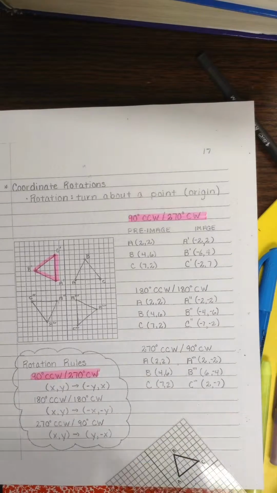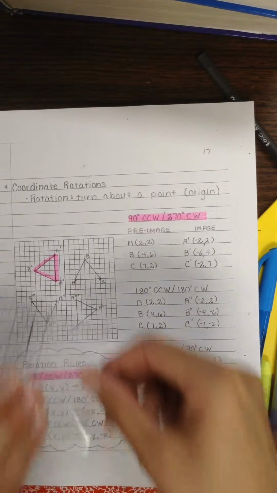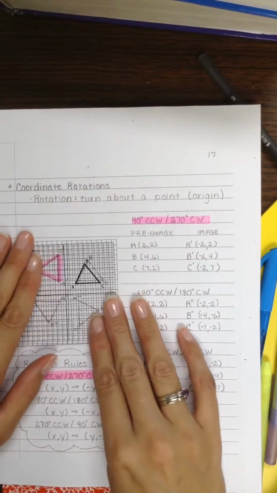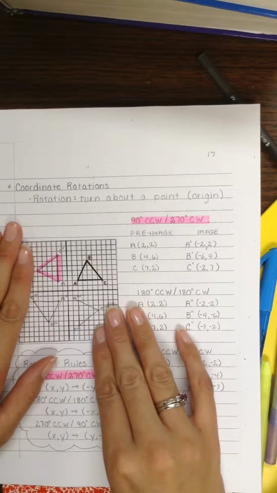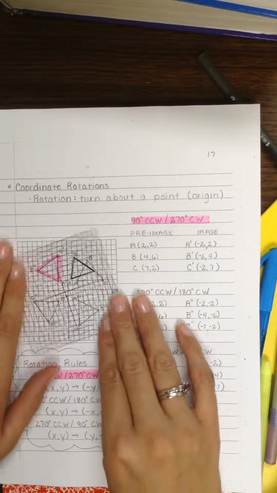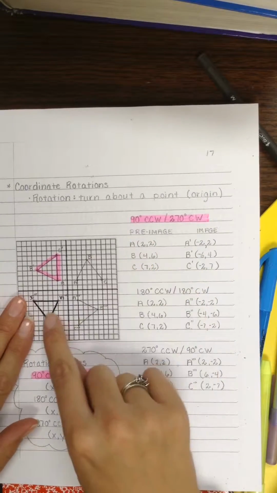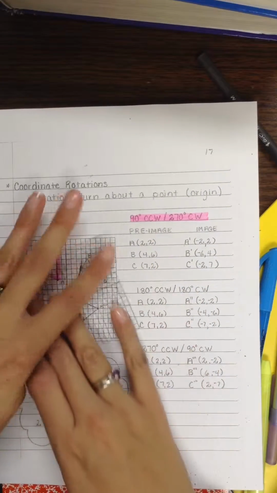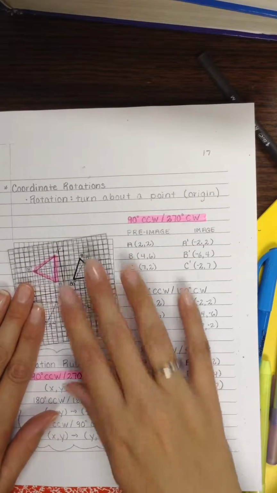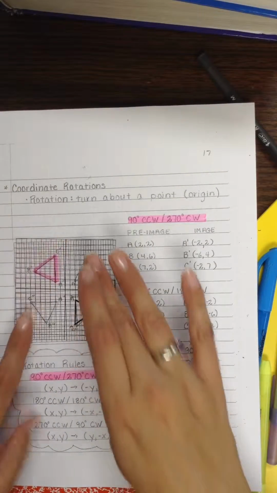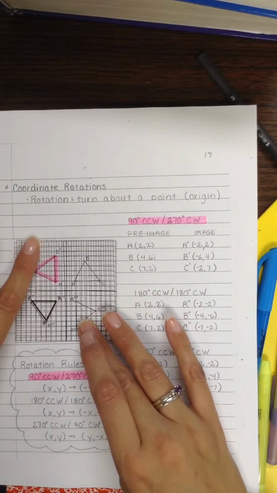Okay. We have another rotation that we can do. We can take our image and we can turn it once, twice, and that's 180 degrees. And so that's this one here. Realize if I go 180 degrees counterclockwise or 180 clockwise, we get the same thing.